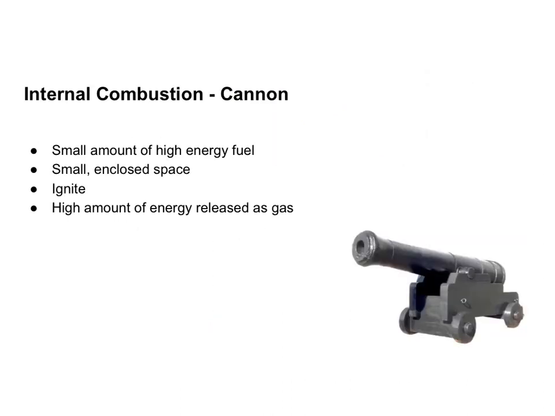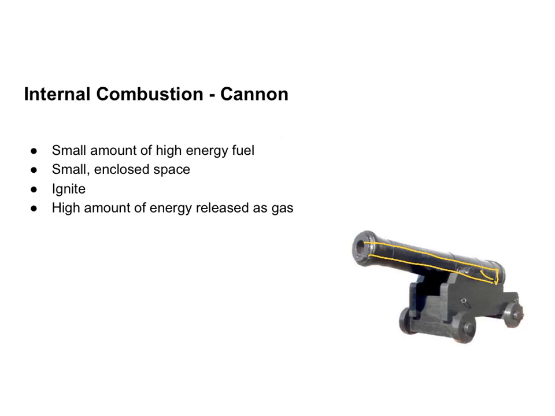To understand how small gas engines work, we need to understand internal combustion. A cannon is also an example of internal combustion. To fire a cannon, a small amount of fuel or gunpowder is placed deep down inside the cannon.